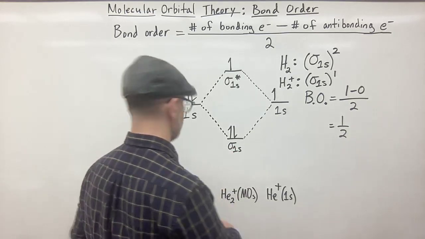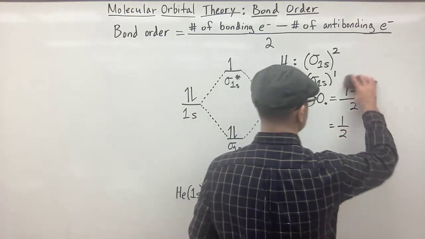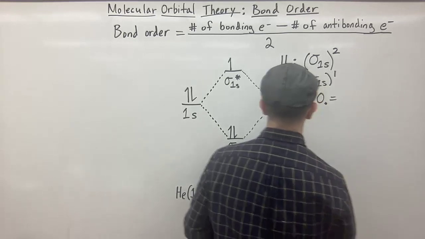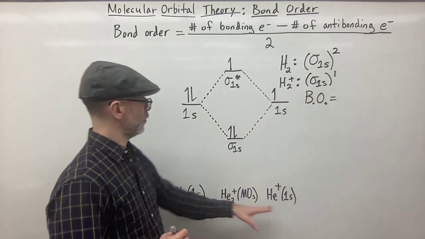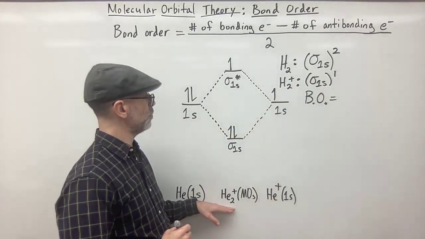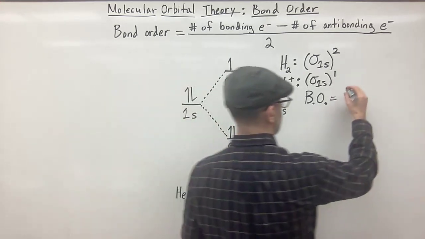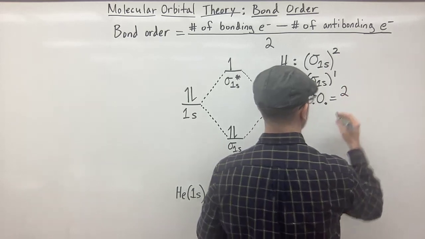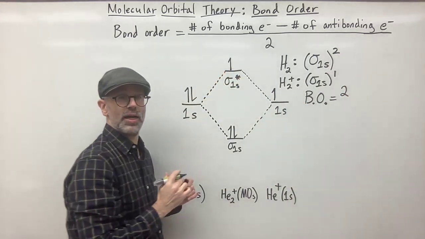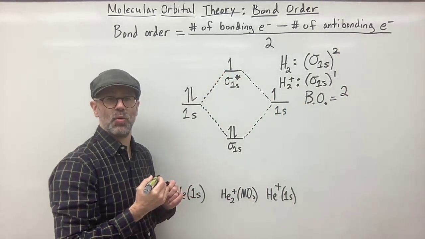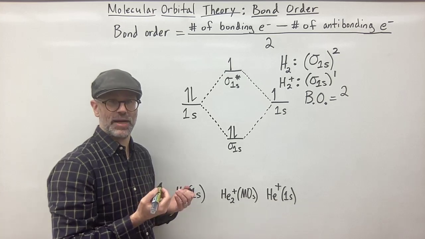And so now we can calculate the bond order. So for the bond order for He2 plus, we have 2 bonding electrons, so that's going to be 2. We now have 1 electron in the sigma 1s star, which is an antibonding molecular orbital.